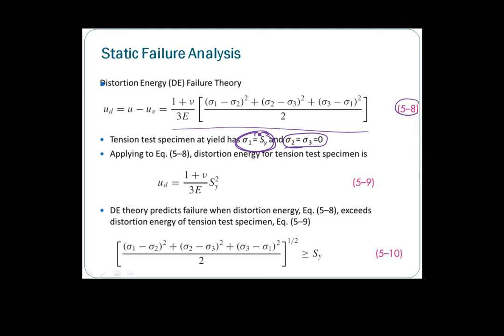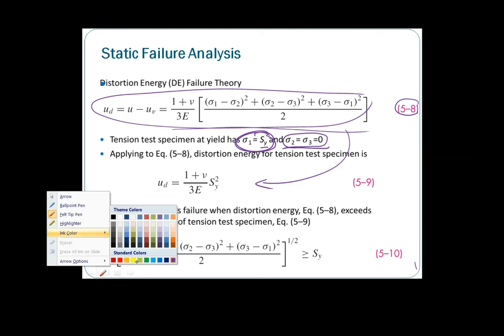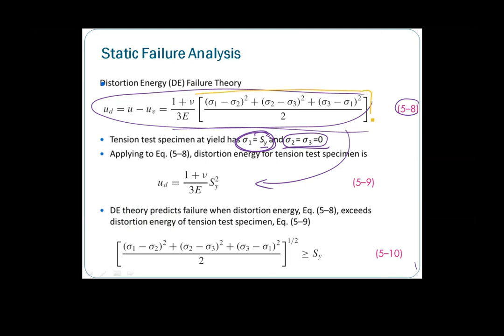Then I can replace this sigma 1 with Sy, the rest are 0. So this itself can now reduce to this. So you can actually see that getting this theory itself, this equals to this.